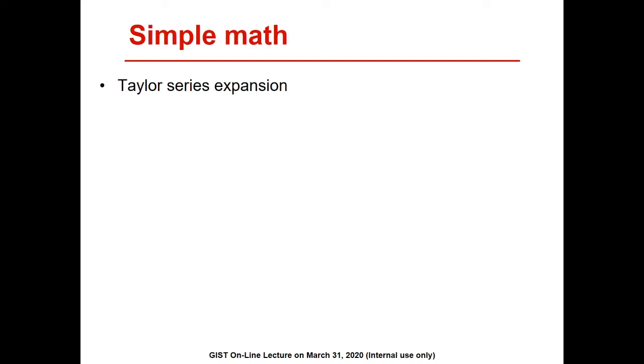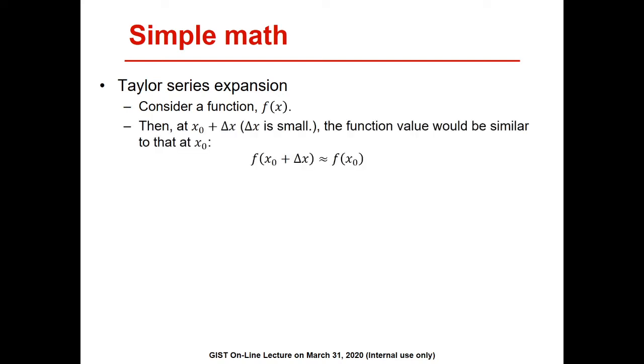In the Taylor series expansion, we want to represent a function near a point x0. A deviation of x from x0 is delta x. Here, delta x is assumed to be small enough.